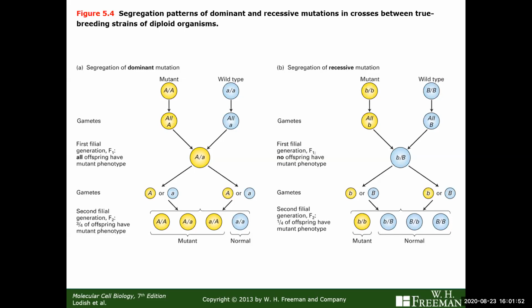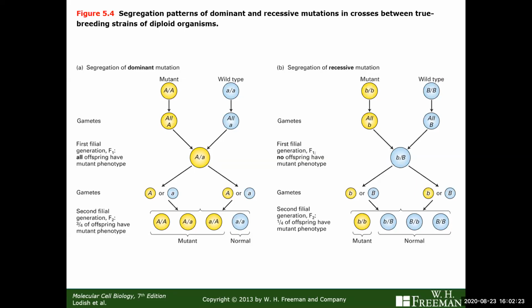Now, if the male gamete is capital A and the female gamete is also capital A, then the F2 generation diploid will be capital A over capital A, that is mutant. If the male gamete is capital A, but the female gamete is small a, then the F2 generation will be heterozygous, capital A over small a, but its phenotype will still be mutant.